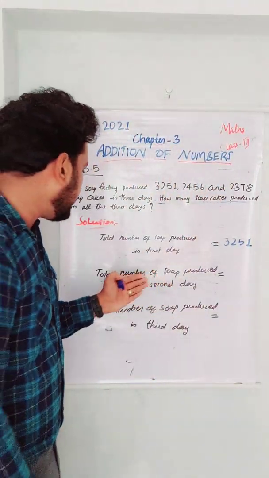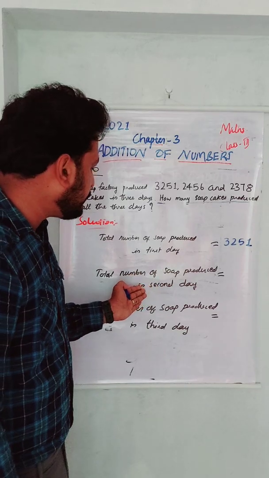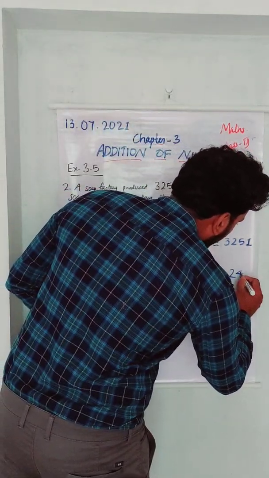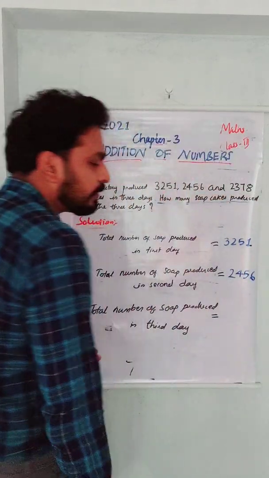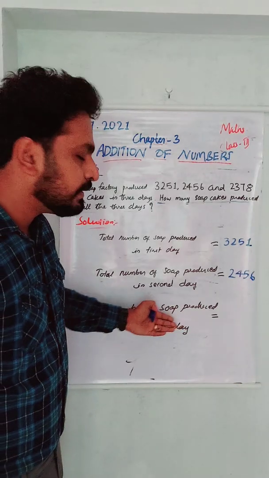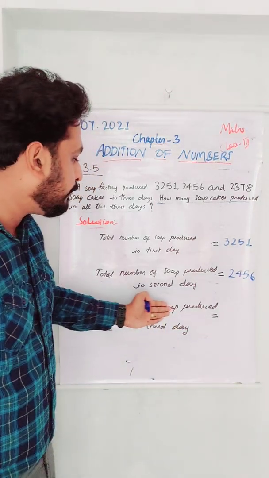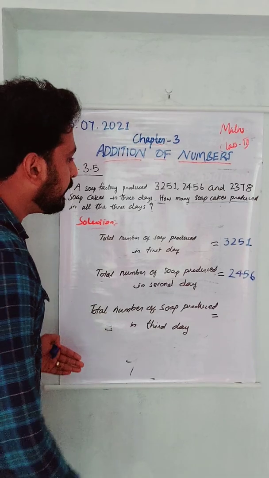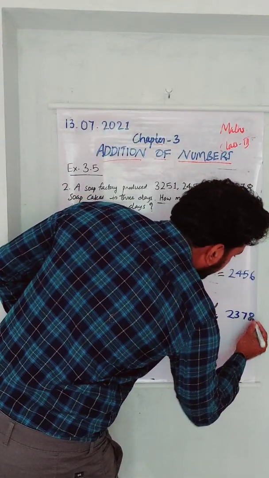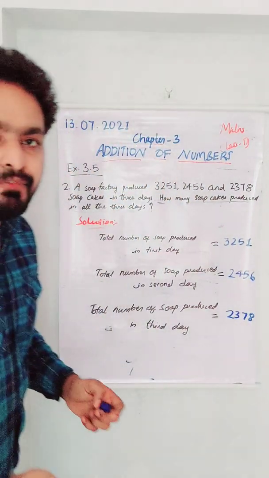Then next step is total number of soap produced in second day, that is 2,456. And next step, this is fourth step, total number of soap produced in third day, that is 2,378.